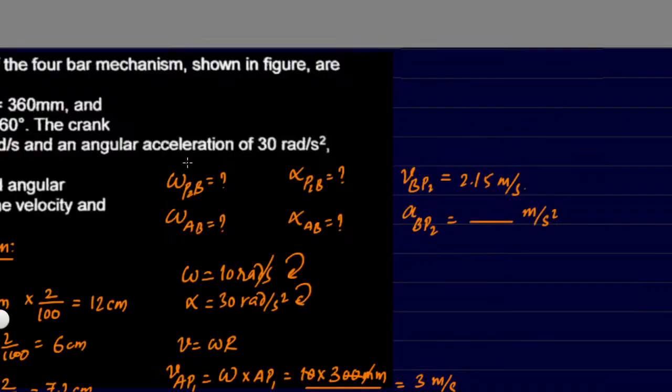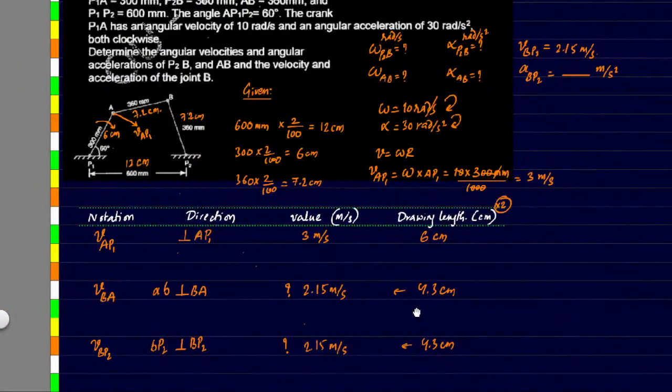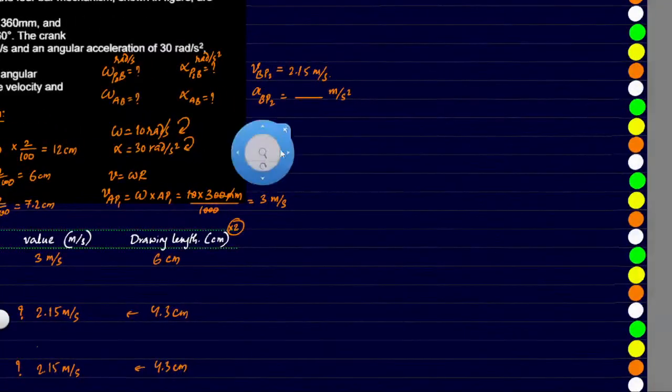Angular velocities will be in radians per second, and angular accelerations in radians per second square. So all these values we will need to find.